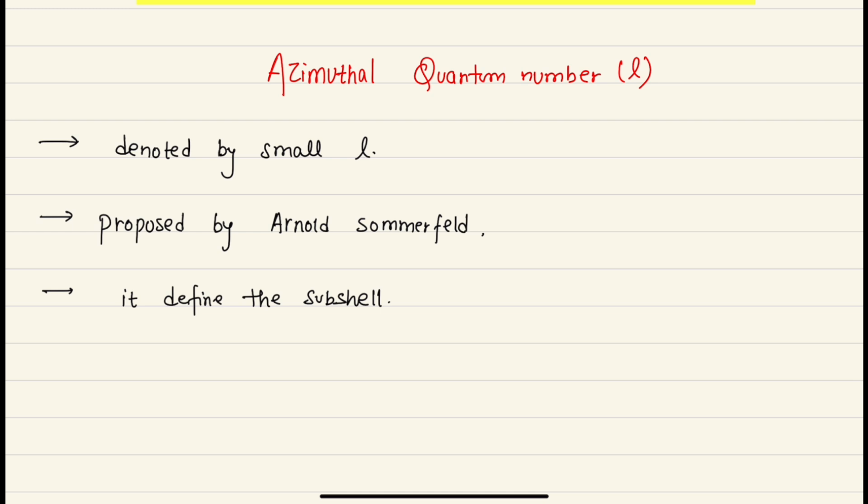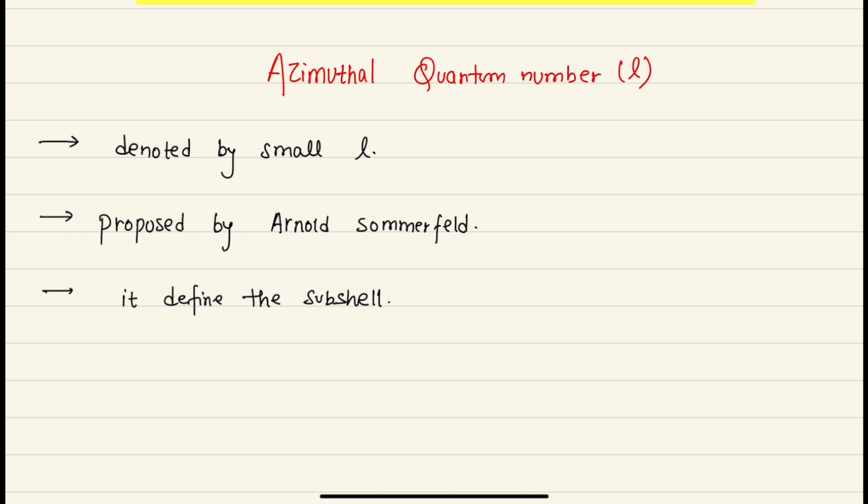You can check in the playlist; I will give the link in the description box. So we have three points till now: the Azimuthal quantum number is denoted by a small l, and it is proposed by Arnold Sommerfeld.